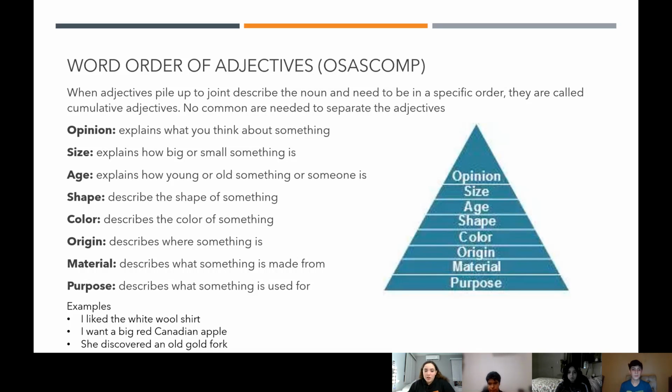Shape describes the shape of something. Color describes the color of something. Origin describes where something is from. Material describes what something is made of. And purpose describes what something is used for. I like white wool shirts. In this case, the color is in the fifth stage.